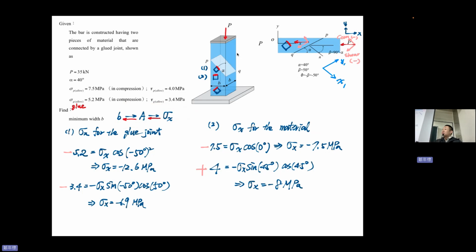The biggest or the lowest? Raise your hand. Good. Lowest one. So 6.9, right? Good. Very nice. So we need to choose the lowest.